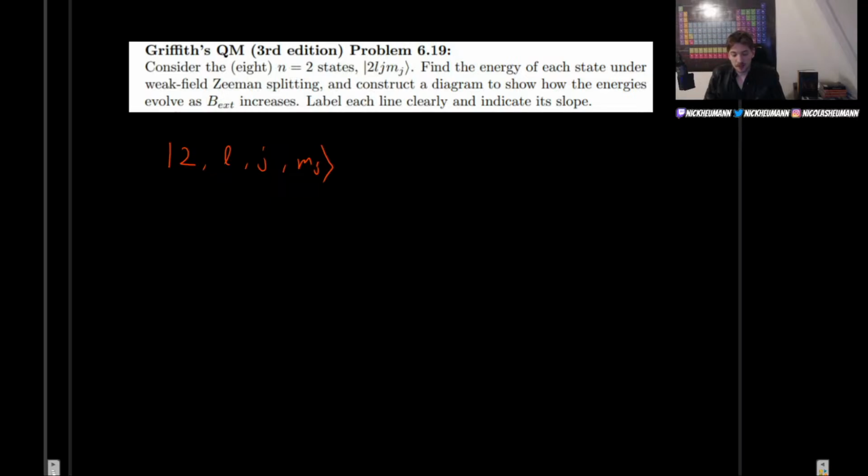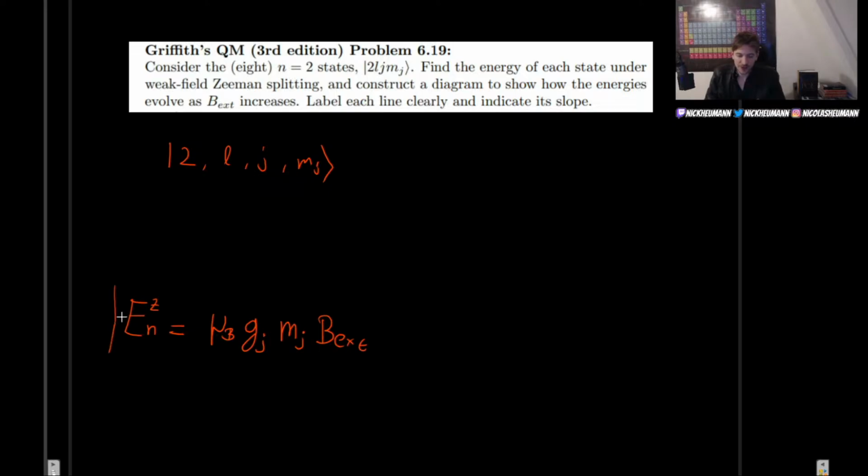Now, let's remember, what are the energy levels under weak field Zeeman splitting? Well, the energy levels under Zeeman, maybe let's put a Z up here, is the Bohr magneton times the Landé factor g_J, then we have m_j, the quantum number, and we finally have the magnitude of the external field.